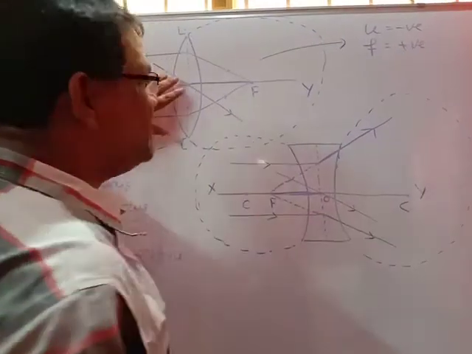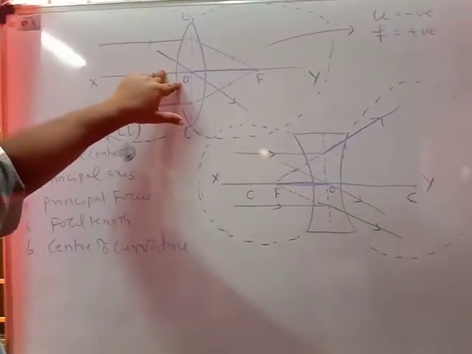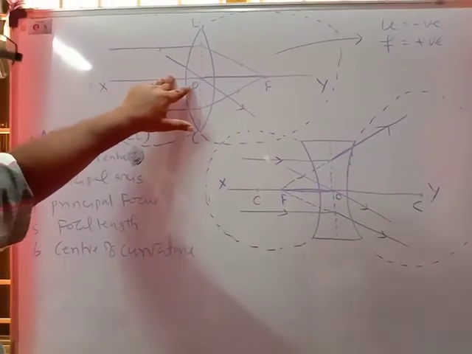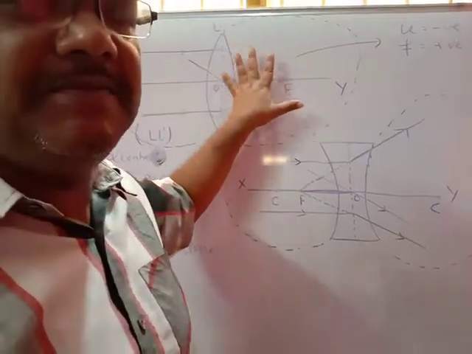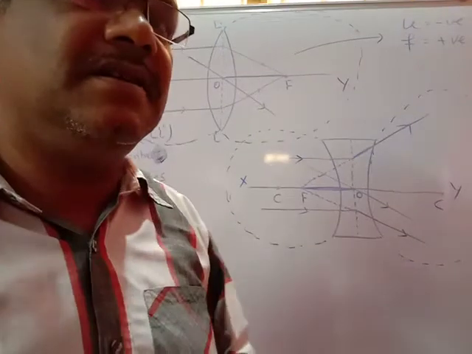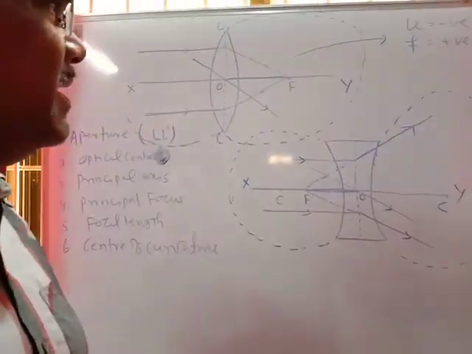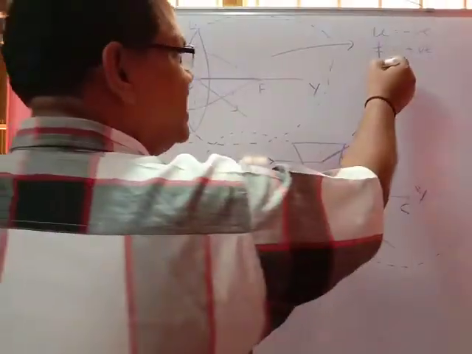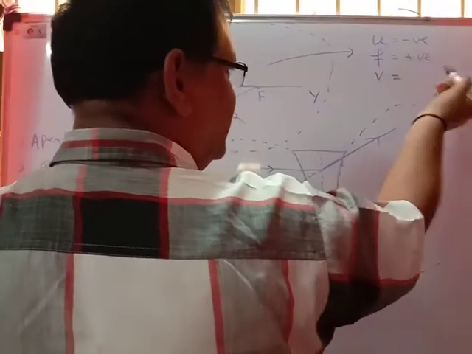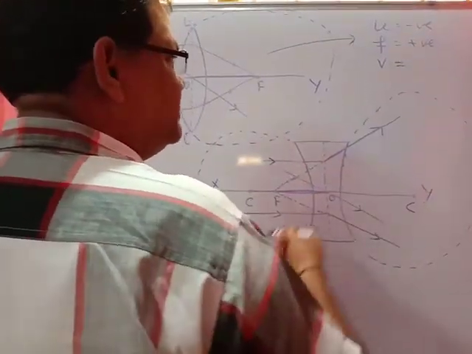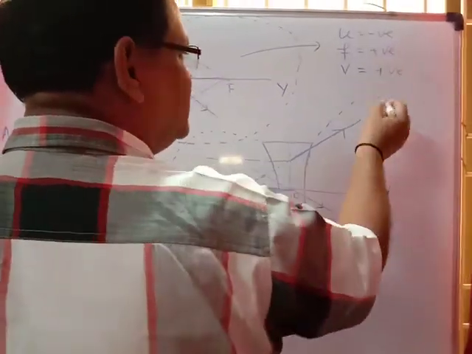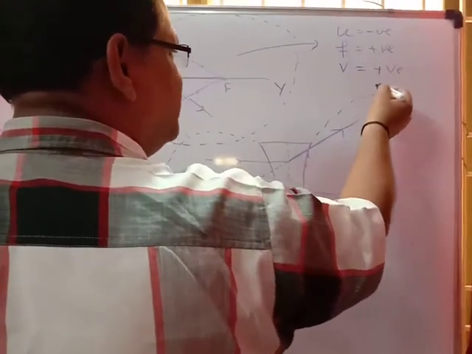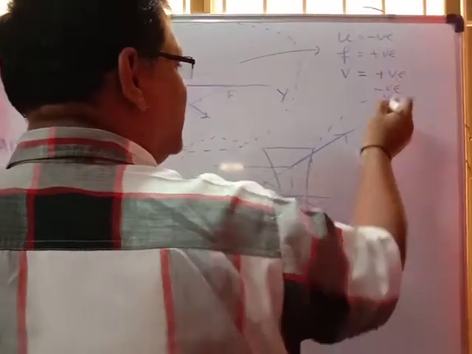This type of lens produces two types of images, virtual images and real images. In all cases the convex lens will produce a real image, but in one case the image will be virtual. In the case of a real image, v will be positive, and in the case of a virtual image that will be taken negative.